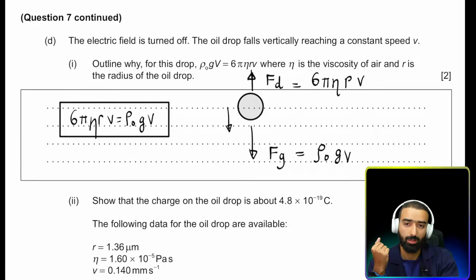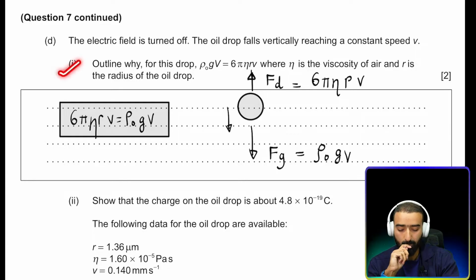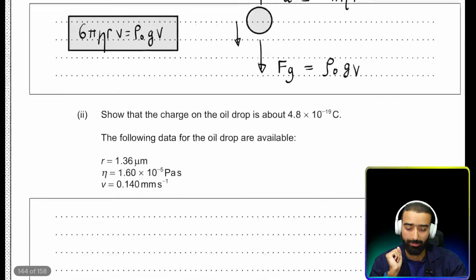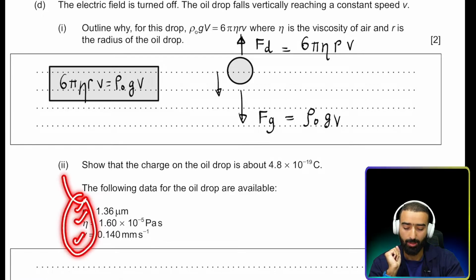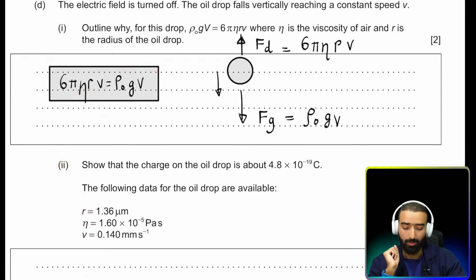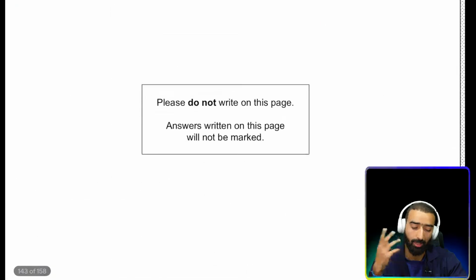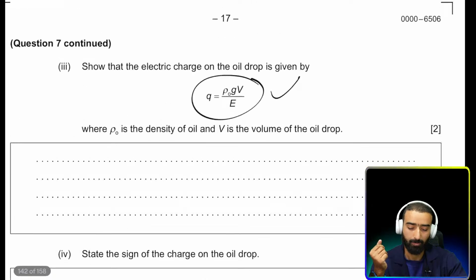And that solves this part of the problem. We are given r, we are given eta, we are given v. You can take these three and plug them in here. This we already knew. And we have to find the charge. So we know r, eta, and v, and we have to find the charge. We can use our previous equation that is here.